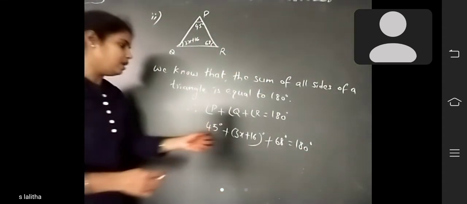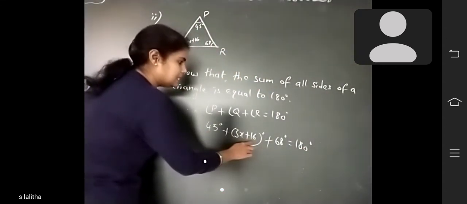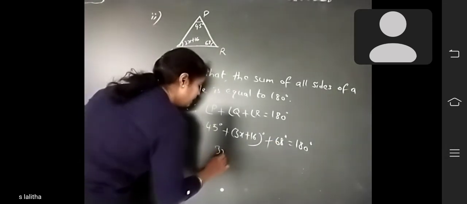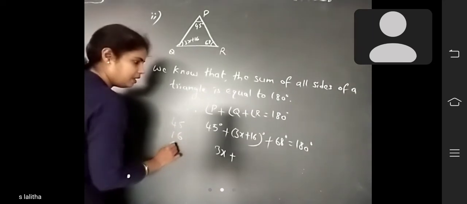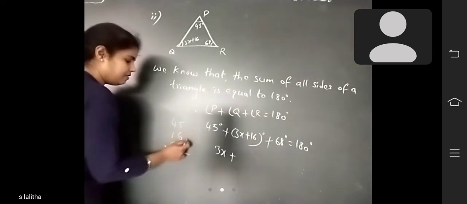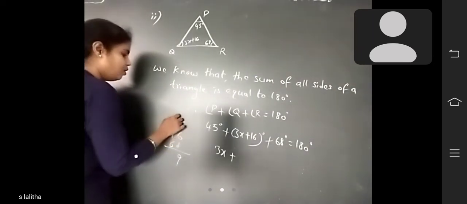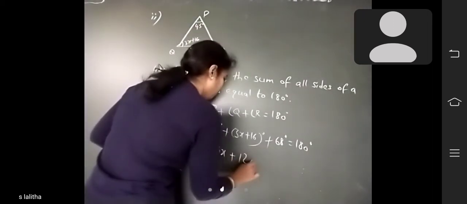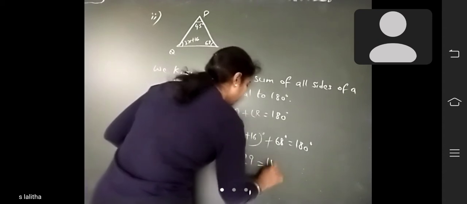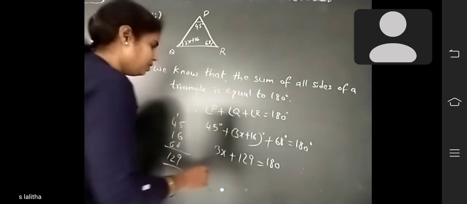Now add all: 3x plus 45 plus 16 plus 68. How much? That is 129. 3x plus 129 equal to 180.